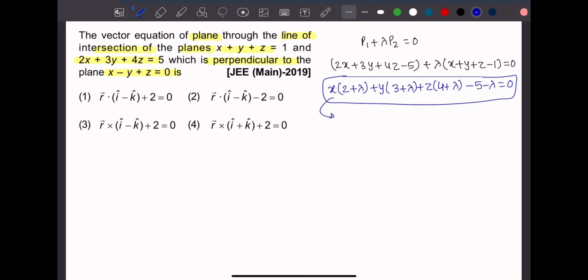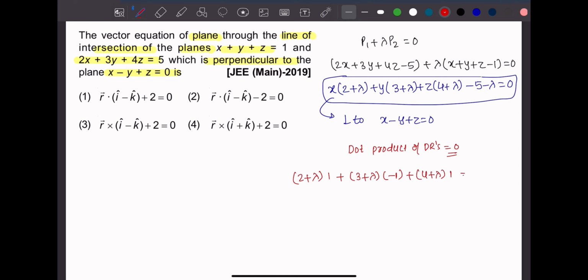Okay, given that this equation of plane is perpendicular to x minus y plus z equal to 0, which means dot product of direction ratios is equal to 0. Okay, dot product is 0, which means 2 plus lambda gets multiplied with 1, 3 plus lambda gets multiplied with minus 1 and 4 plus lambda gets multiplied with 1 is equal to 0.